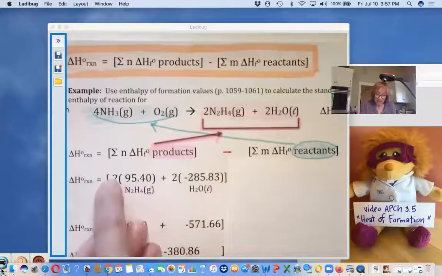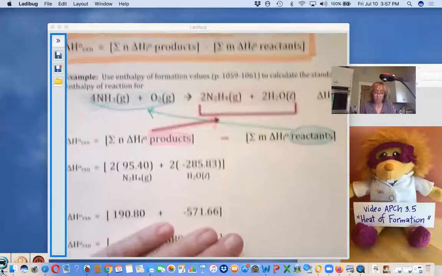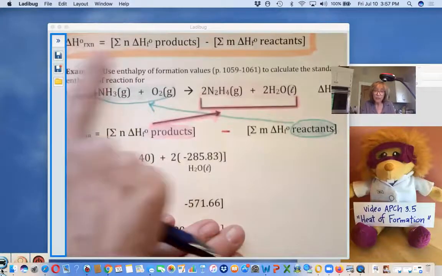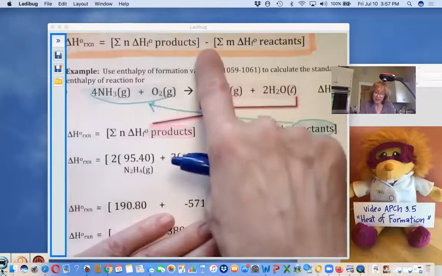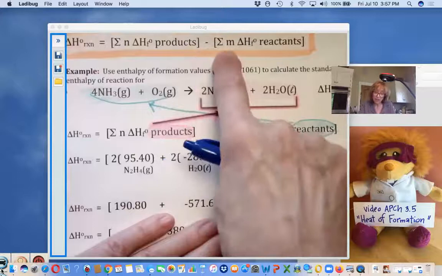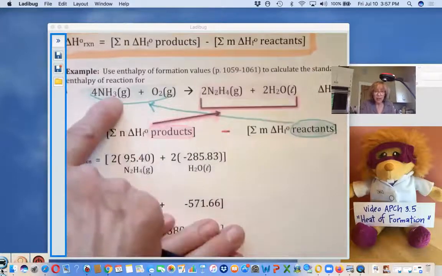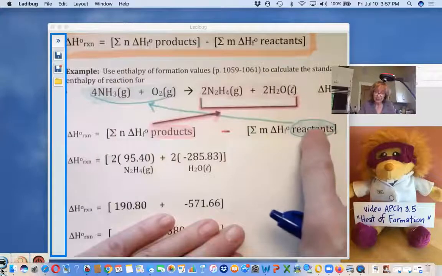Now, I'm going to add those together, this number and this number. My equation tells me after I've dealt with the products, I'm going to subtract the sum of the heat of formations of the reactants. These are my reactants, so they get considered next.